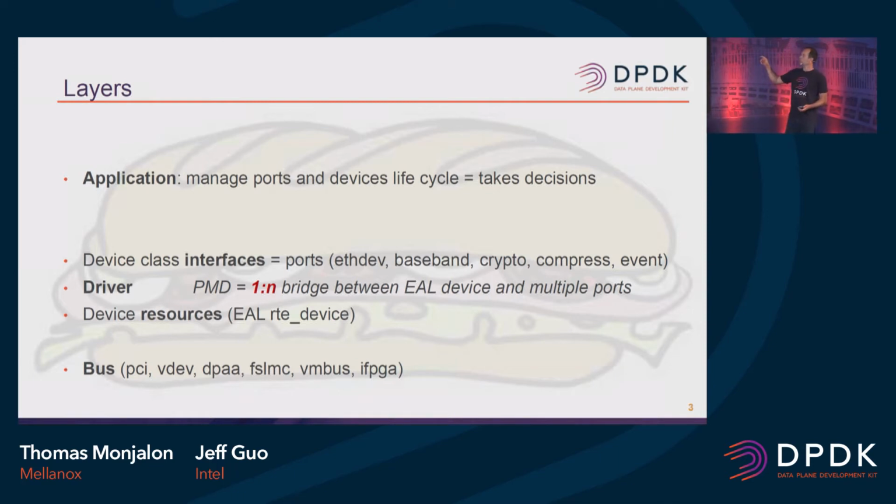It's very important to understand that the only part in DPDK which makes the bridge between the device resources and the device interfaces, the ports, is the driver. Okay? Only the driver knows how the resources are connected to the ports. And it's especially important to understand when you see that there can be several ports for one device resource.